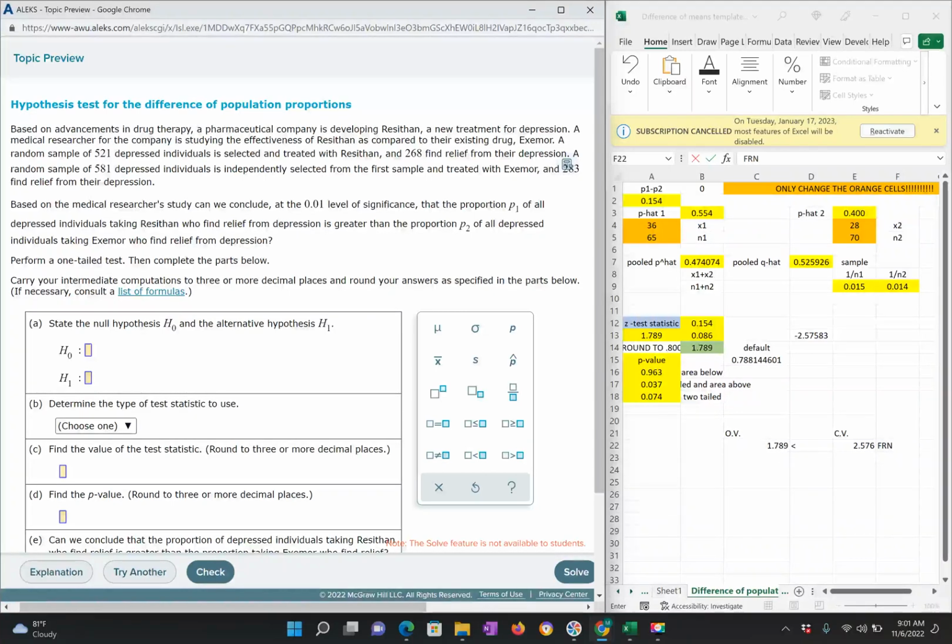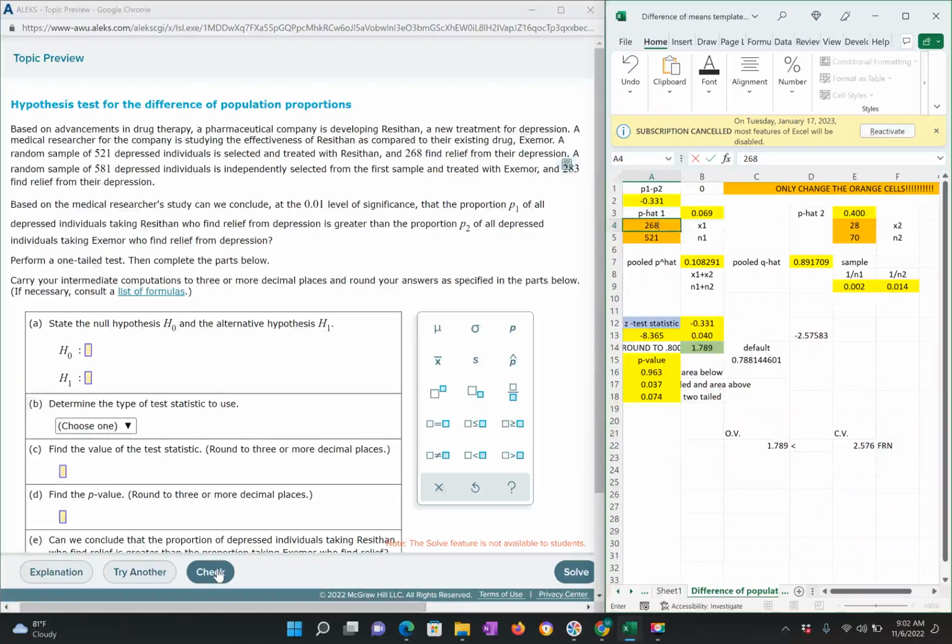A random sample of 521 is selected and treated with Recithium. 268 found relief. Remember, there's always the opposite, which are the people who did not find relief, which is your Q hat.